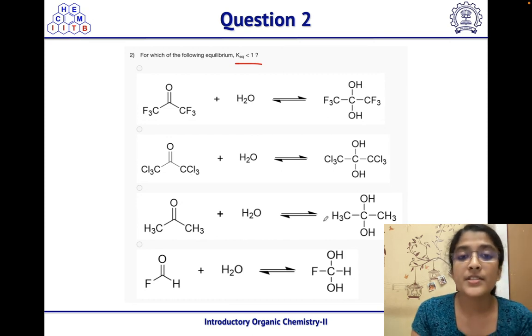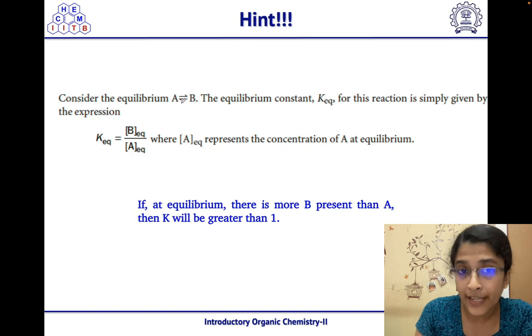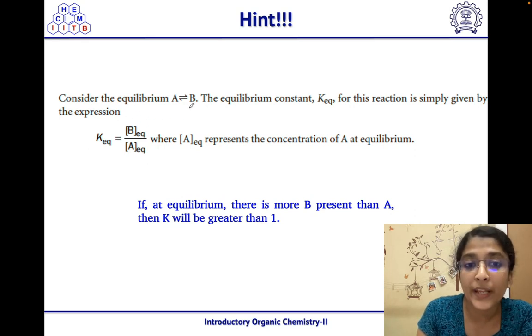As we have discussed, for the equilibrium where A reacts to give B, the equilibrium constant K equilibrium can be written in this form. A is the reactant and B is the product, so KEQ can be written as the concentration of product divided by the concentration of reactant.